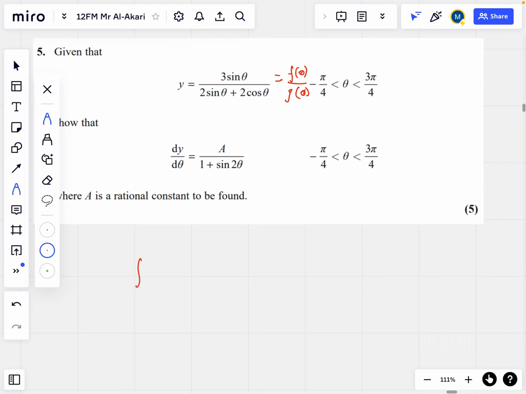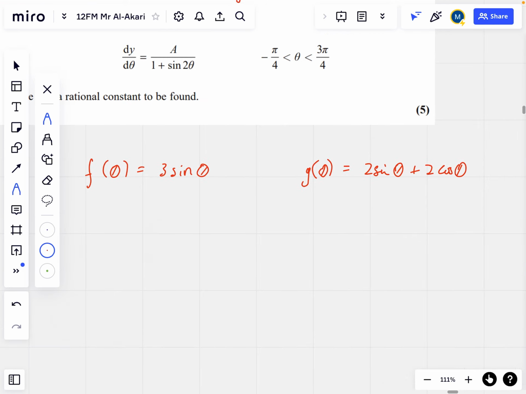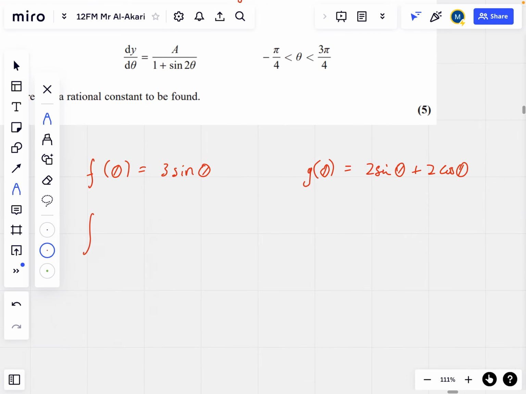And then we do what we do. F of theta is equal to 3 sine theta. G of theta is equal to 2 sine theta plus 2 cos theta. And now let's differentiate both of these and see what we get.